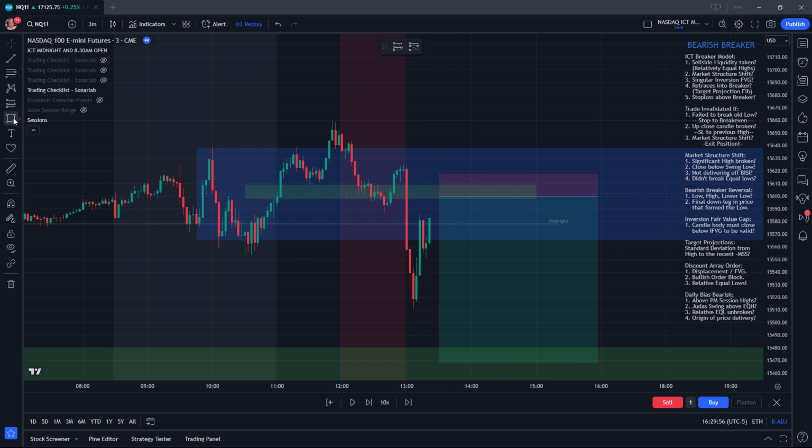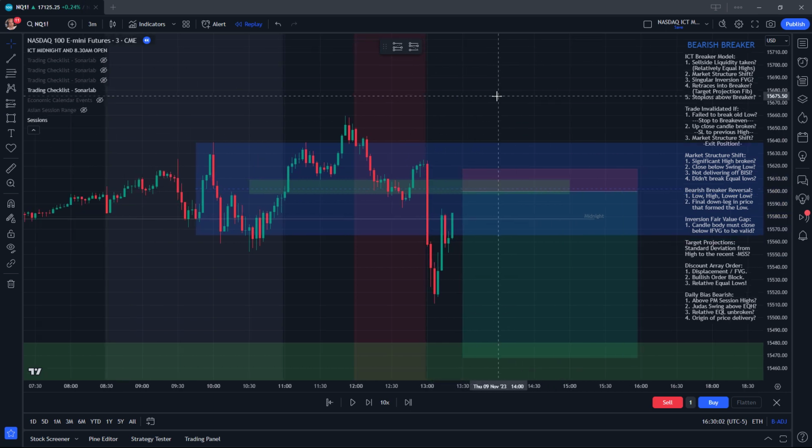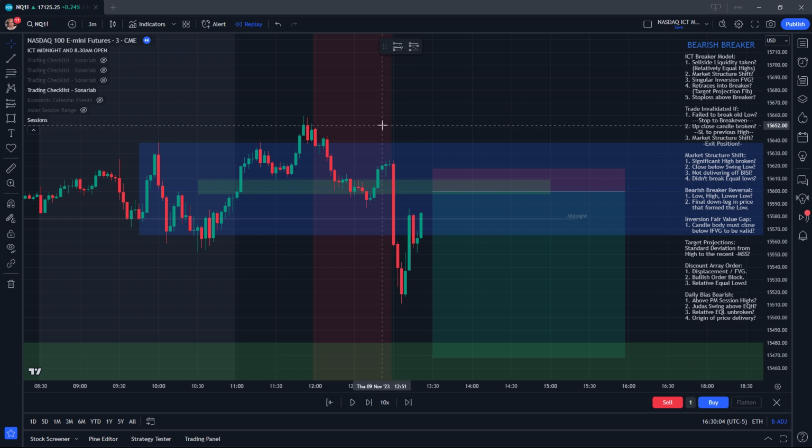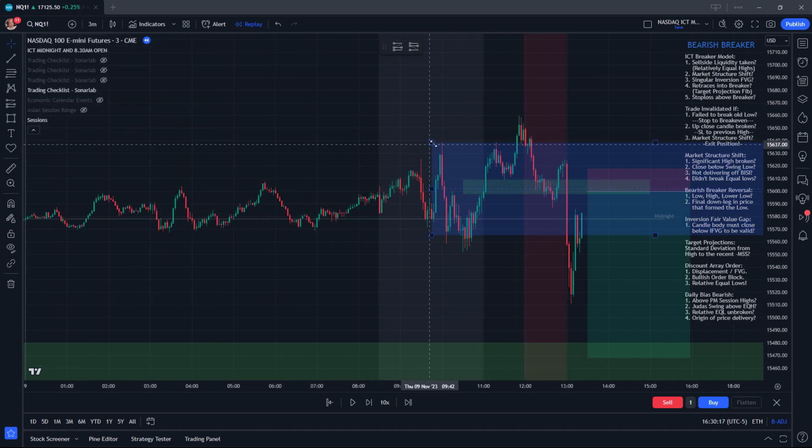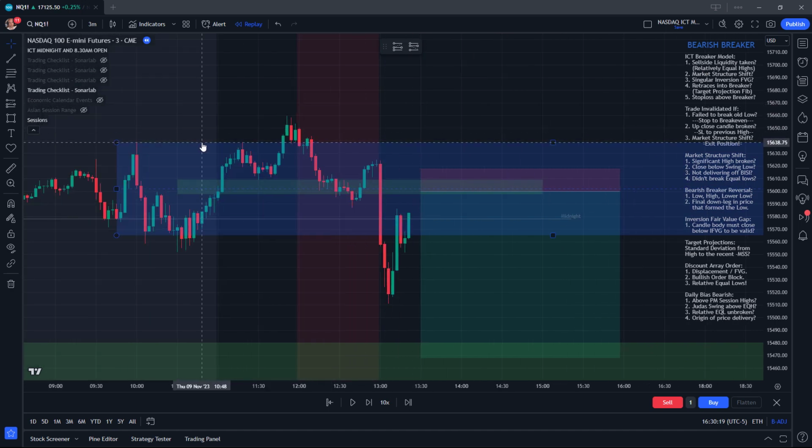And maybe you're looking at this through the 2022 model, and you're seeing this as a sell side imbalance, which is fine. And remember, our model is sell side liquidity taken, equal lows, market structure shift. Wait, hang on a second. No, I got this wrong, didn't I? Sell side liquidity taken via equal highs, and we actually do have equal highs there.